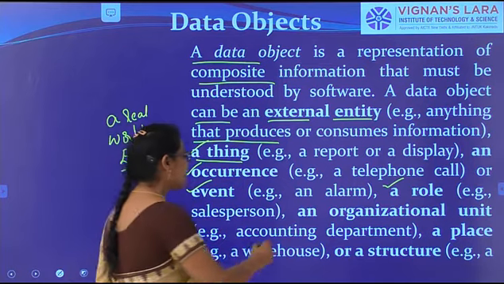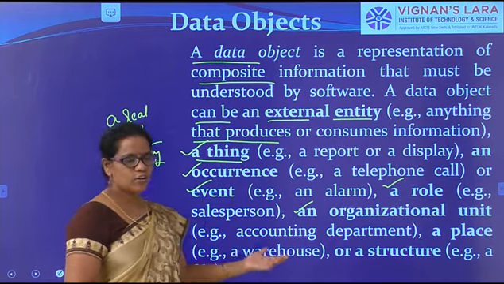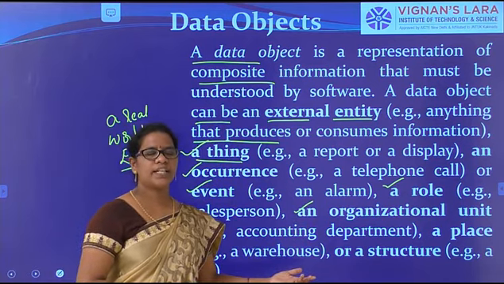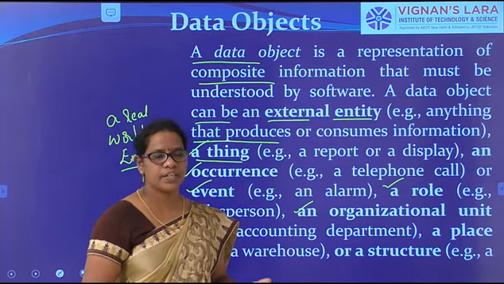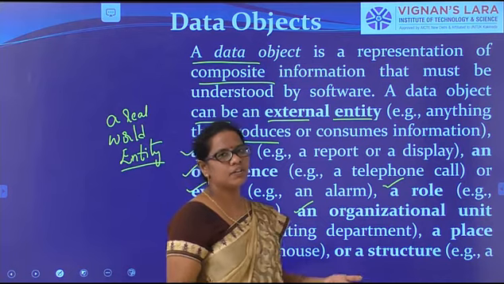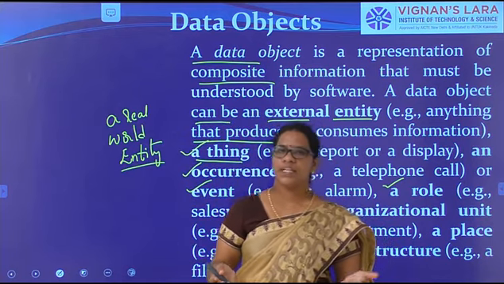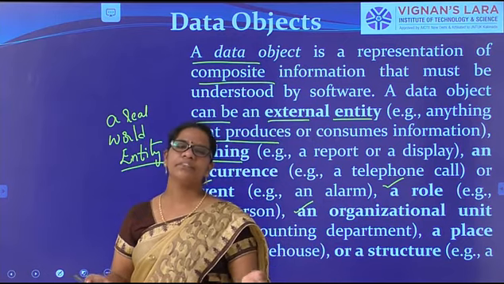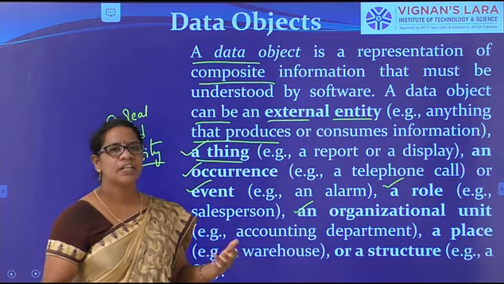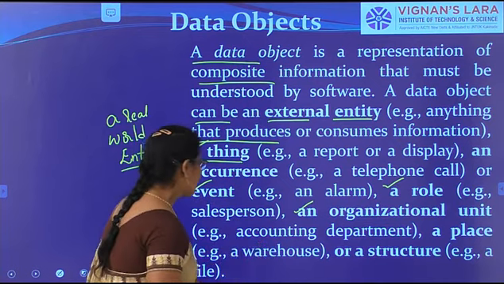The next one is an organizational unit, for example an accounting department. In organizations you have many departments. In our college also we have many departments: CSE, ECE, IT, mechanical, civil, and more.